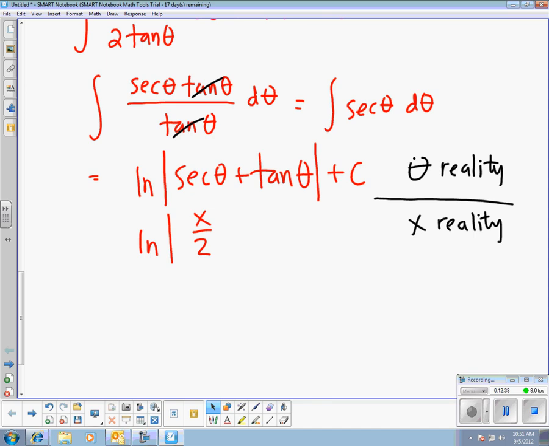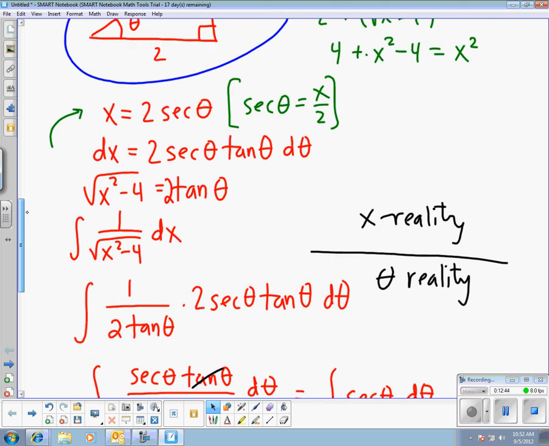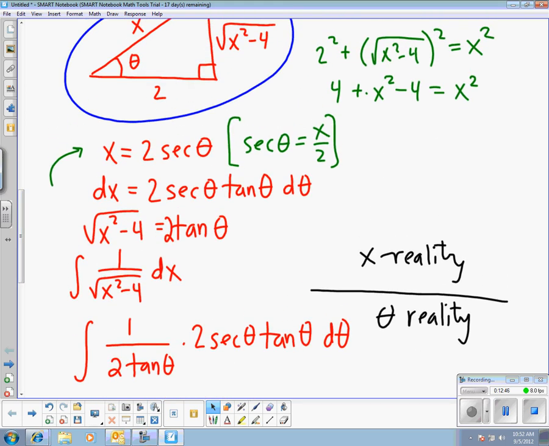My second goal is to figure out what tangent is equal to. Well, let's look back up and see if I have any expressions for tangent. Well, I have close. I have right here that 2 times the tangent is the square root, the original square root that I started with. So I think you would agree that tangent is my original square root over 2.